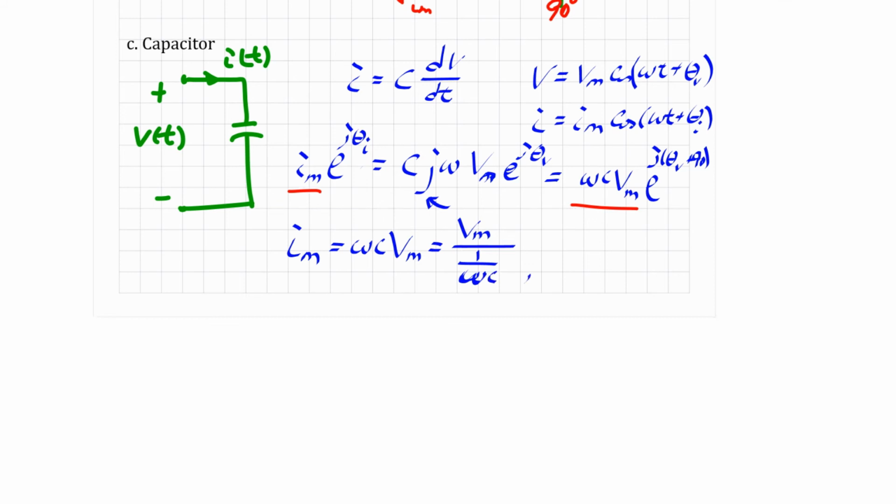Now, if we compare to the phase angle here, theta I is equal to theta V plus 90. So now this time we know the current leads voltage by 90 degrees. Now, same thing that we want to do is look at the frequency domain and phasor diagram, to see what's the relationship here.